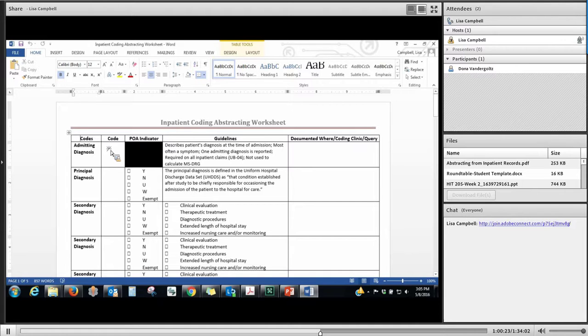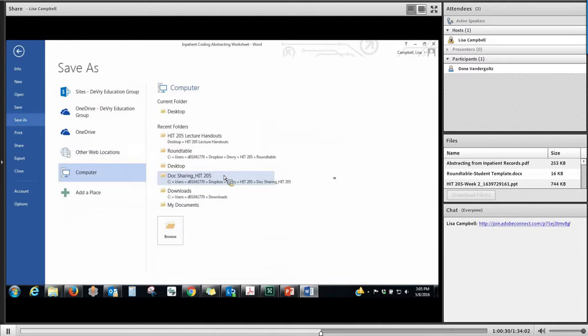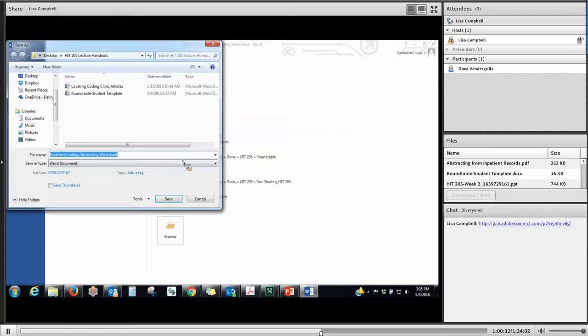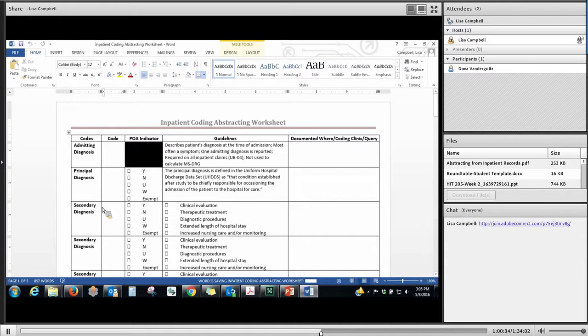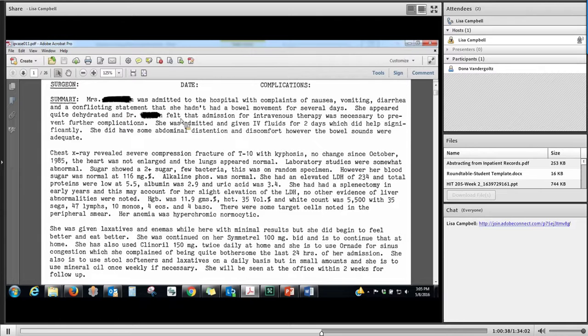In this case, we should clearly identify why the patient was admitted. If you look at that discharge summary, it actually says it. She was admitted and given IV fluids for 2 days, which did help significantly. So why do we get IV fluids?